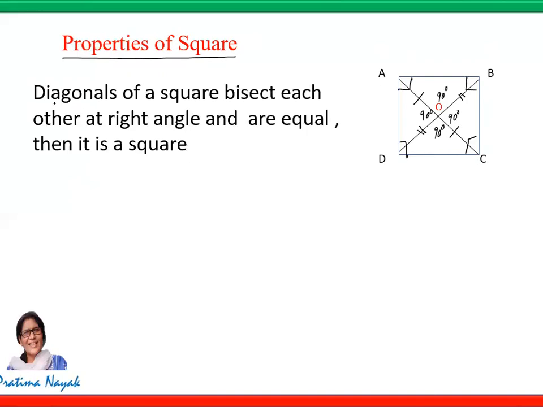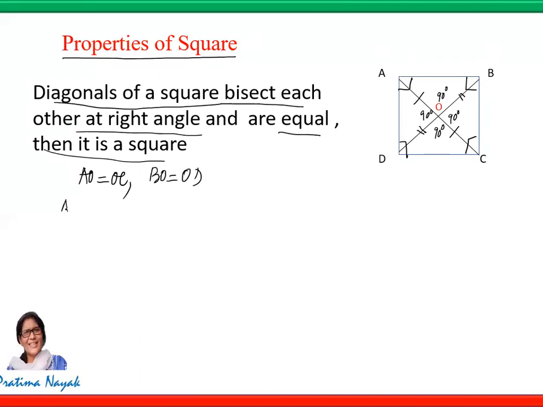So diagonals of a square bisect each other at right angles and are also equal. AC is equal to BD. AO is equal to OC. BO is equal to OD. All the angles are equal: AOB is equal to BOC is equal to COD is equal to AOD.